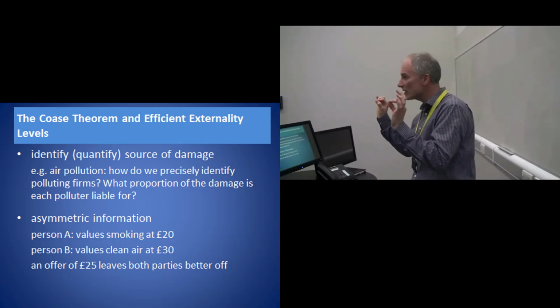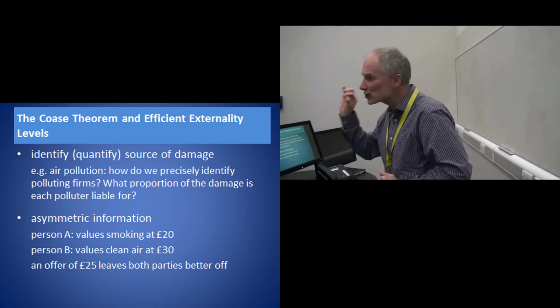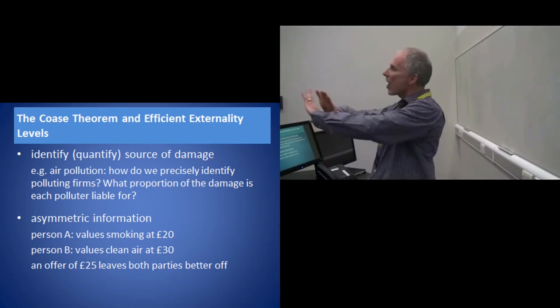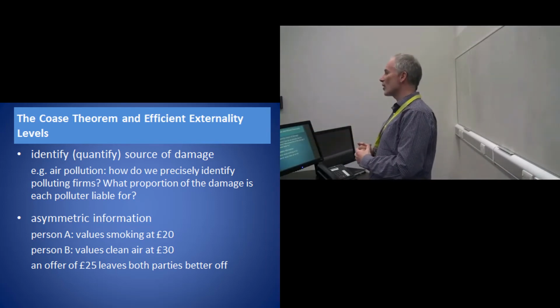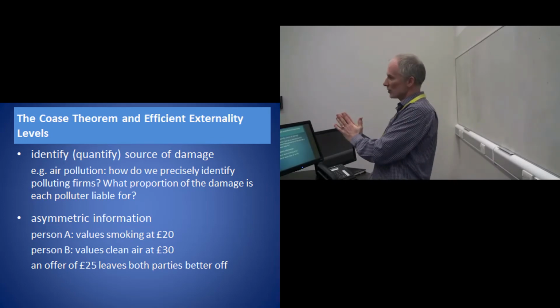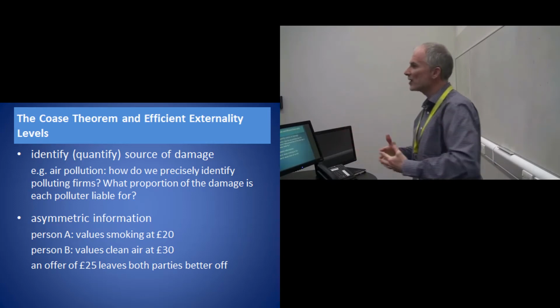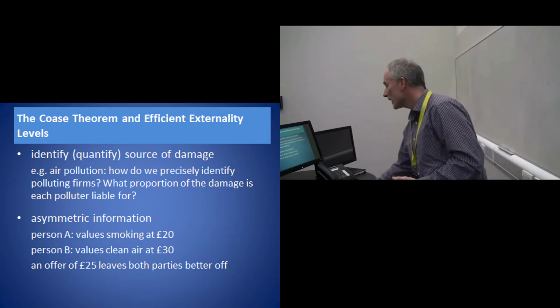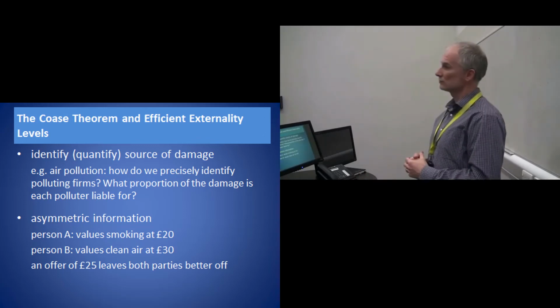So let's just say that person A is allowed to smoke as much as he wants. So we've identified the property right. Person A can do what he wants. He's allowed to smoke. And the monetary value that he places upon his habit is £20.